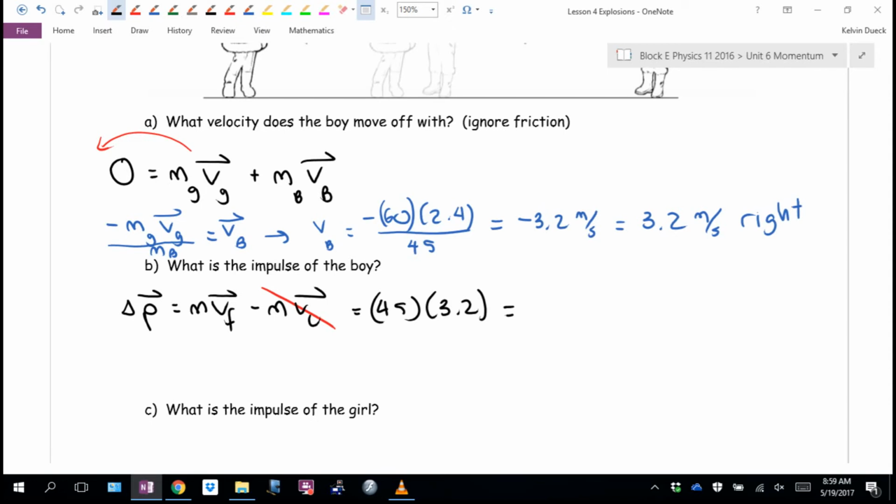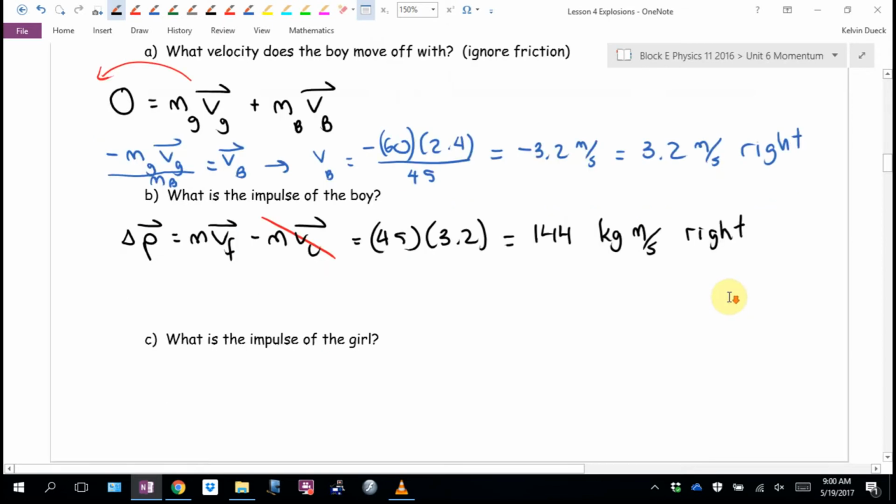I just need the number first of all. What was the answer? 144. Thank you. 144, and momentum is kilogram meters per second. Direction. Boys, change in momentum was to the right.